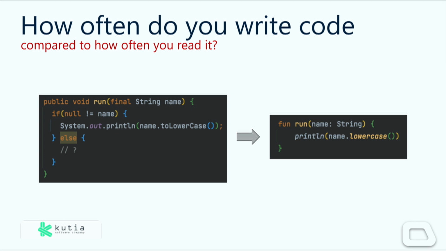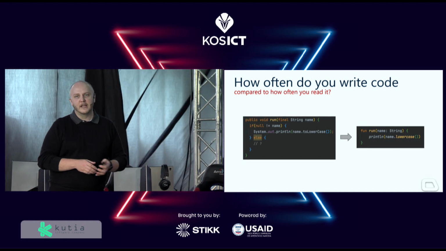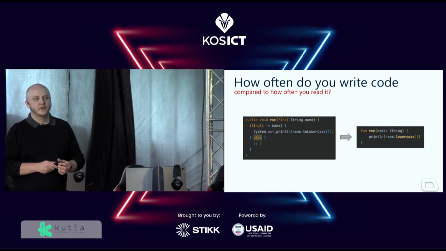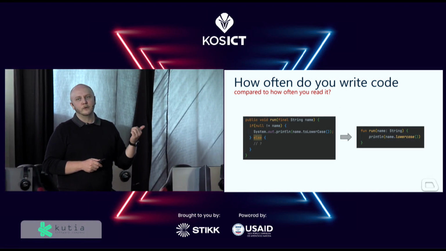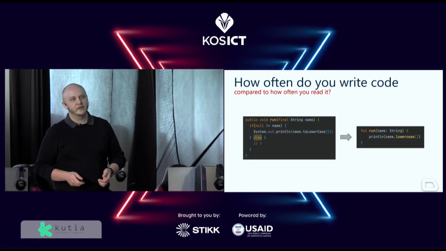And if you think about onboarding into a new project, for example, so you're the new guy, you have to go into the team, there is, let's say, 500,000 lines of code and you should read it. Of course, it's much easier for you if the code looks something like on the right, than if you have to deal with the left side.